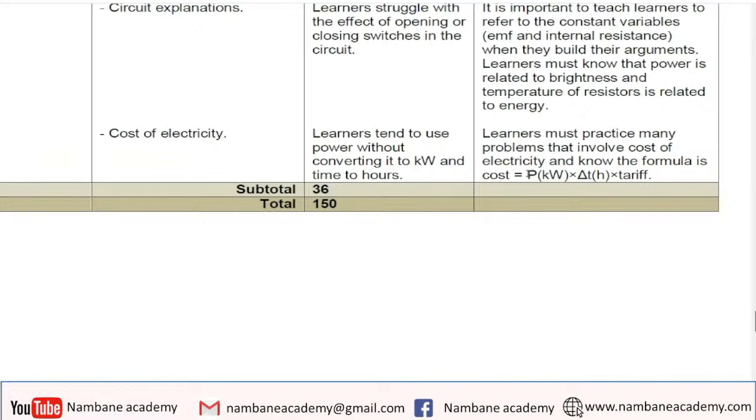We use kilowatts and hours for time because electricity is measured in kilowatt hours. For example, petrol is measured in liters, or they use the unit of liter to cost petrol. But to cost electricity, they say kilowatt hour. Hence, when we want to calculate cost of electricity, we must convert our power to kilowatts.